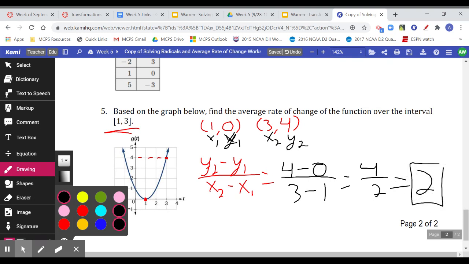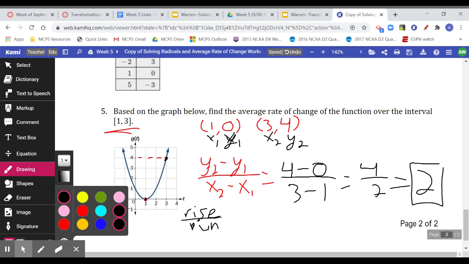Okay. The other thing I want to point out is since we are looking at 2 points on a graph, and I said you use the same thing as slope to find average rate of change, basically I can figure out what the slope of the linear function that attaches these 2 points would be. So if I wanted to, I could also just count my rise over my run. If you ever do this, be careful that you make sure whether this is positive or negative.